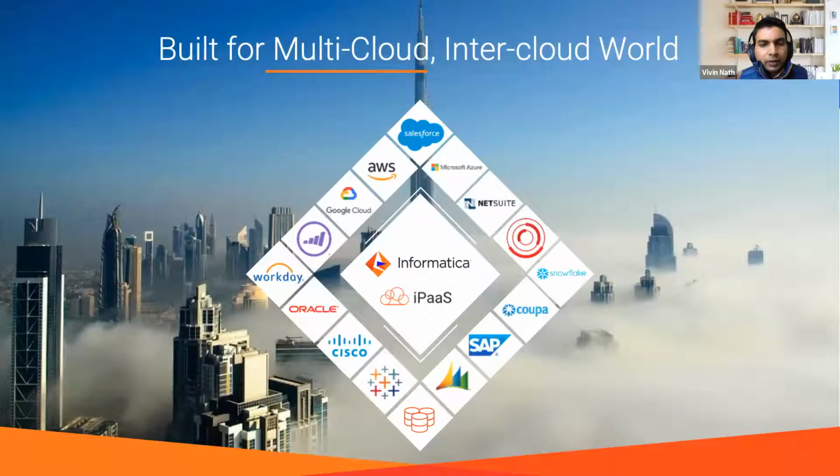Now, Informatica supports a broad range of ecosystems and is available on all the major public clouds, AWS, Azure, Google Cloud Platform, across over 12 global regions. And it can also be deployed in private and public cloud deployments.